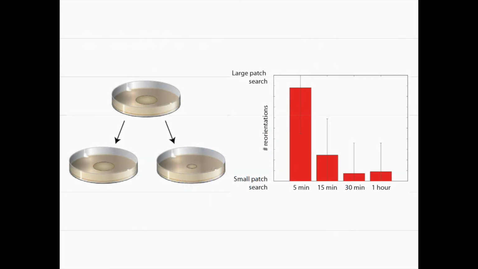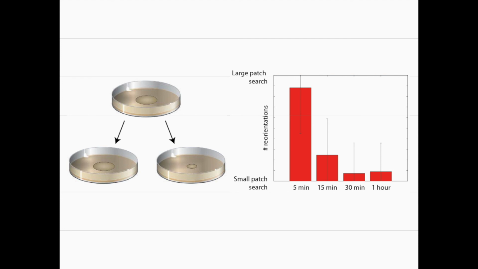So one can test this directly by letting the animals acclimate to bacteria with a large distribution, and then either transferring them to the large distribution directly, or first to a small distribution and then to the large distribution. Depending on how long they spend on the small patch, we can see whether they have memorized this spatial extent, or whether their behavior is primarily driven by the large extent of the patch.